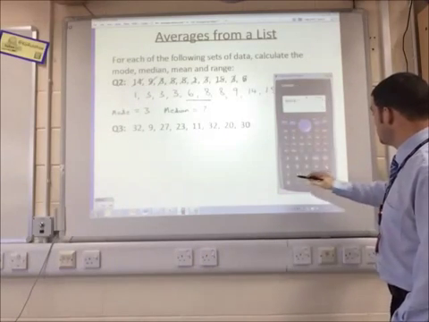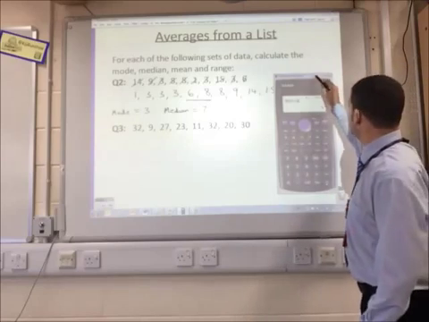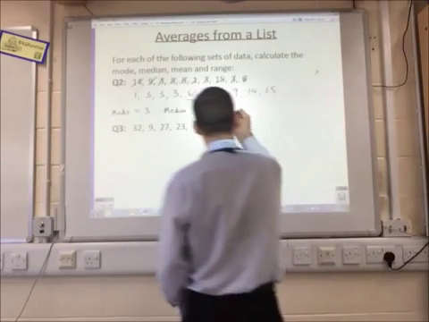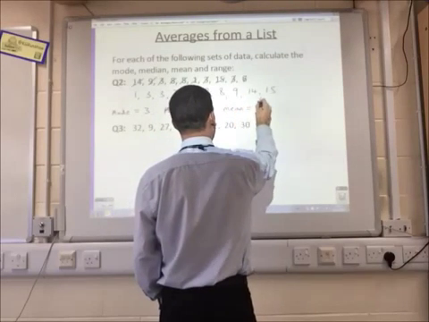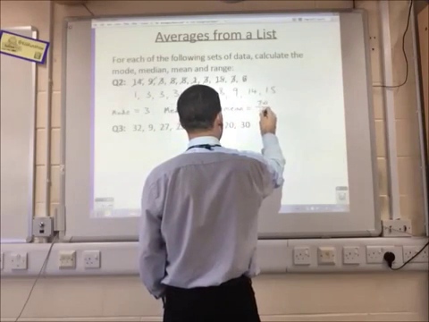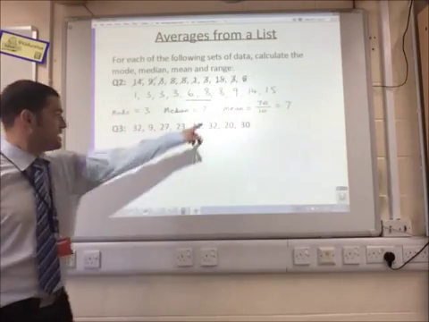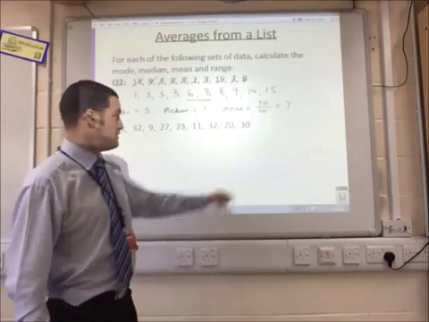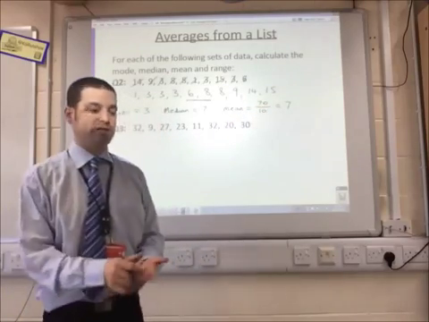Divide that answer by 10, and the answer is 7. Notice that I've just put a little bit of calculation in there. It's important that you show your working out, so I've said where the 7 has come from, 70 divided by 10.